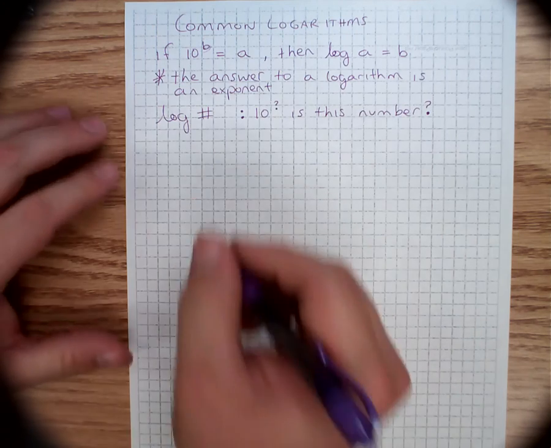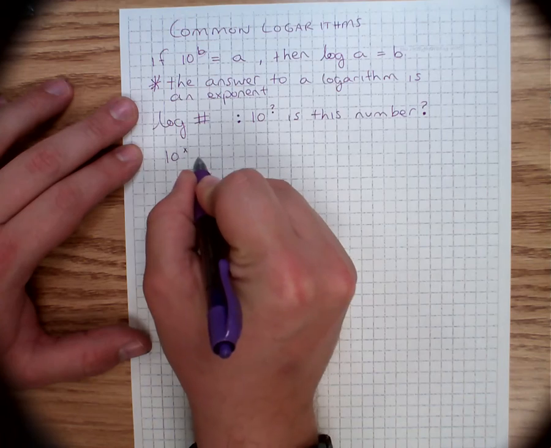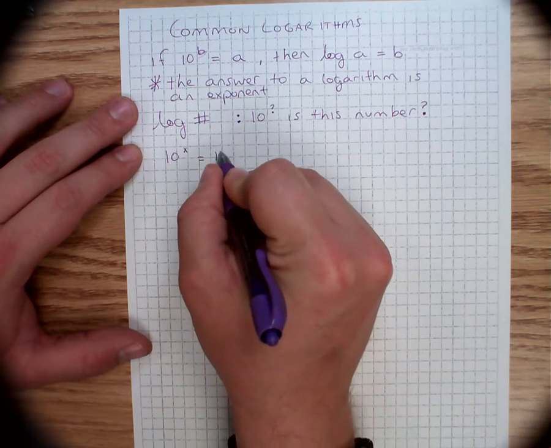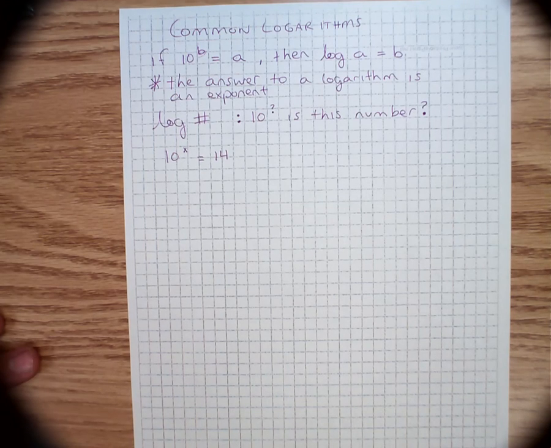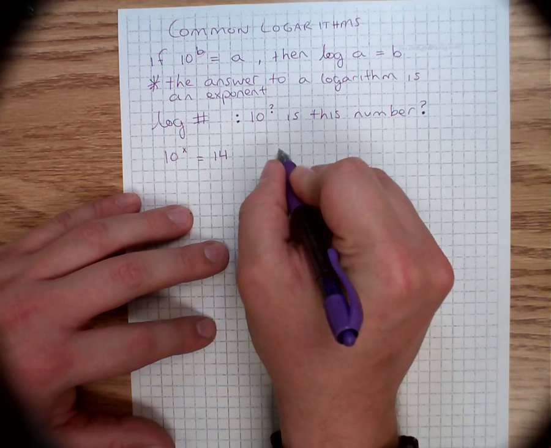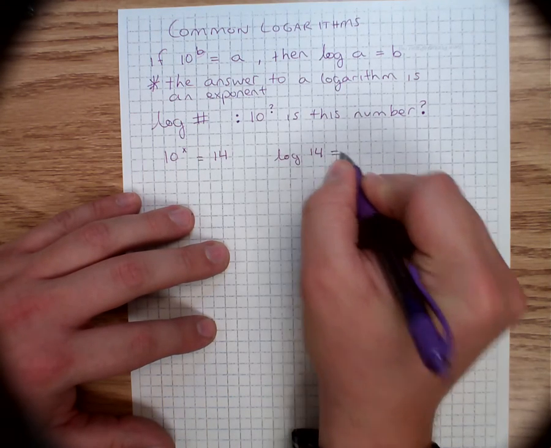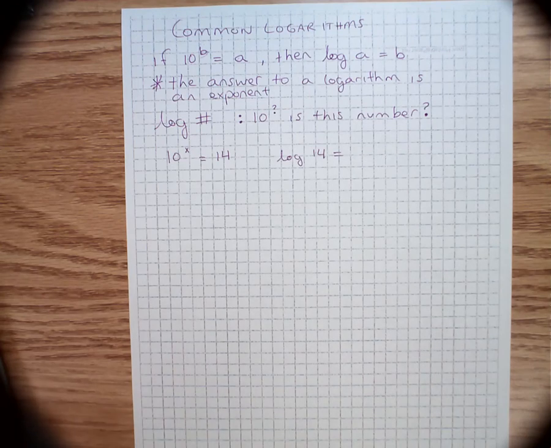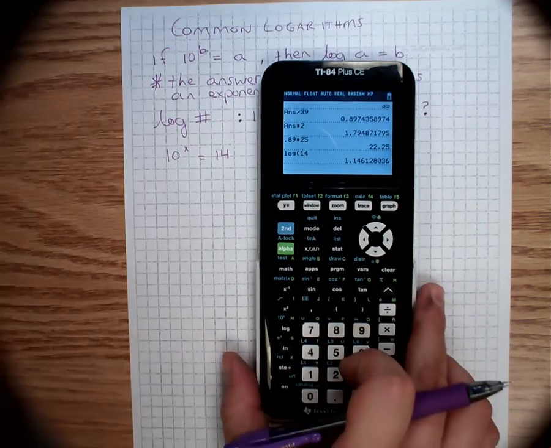So, let's say I have 10 to the x power equals 14. I want to know what that exponent is. So, I take the log of 14. That's all you have to put in your calculator.